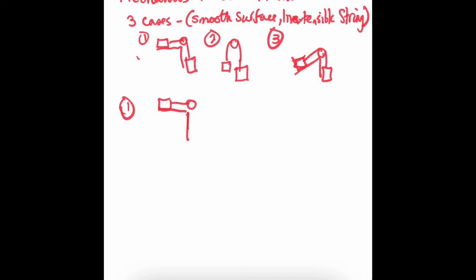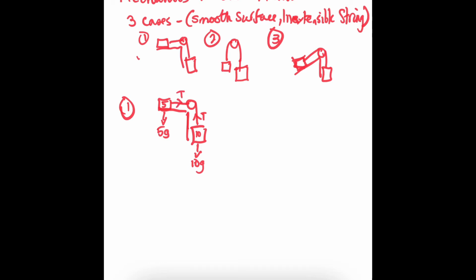So first example, with the horizontal surface and one hanging off the edge. We'll put a weight on each, so 10 for the one that's acting down and 5 on the horizontal surface. The one hanging off the edge is going to accelerate down, so the net force will be going downwards.